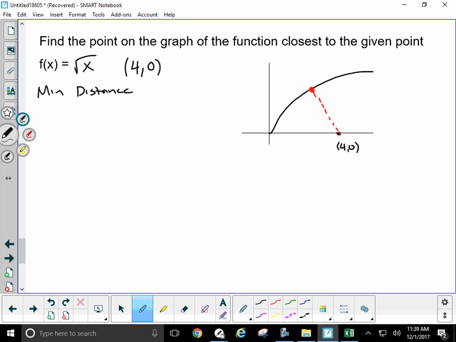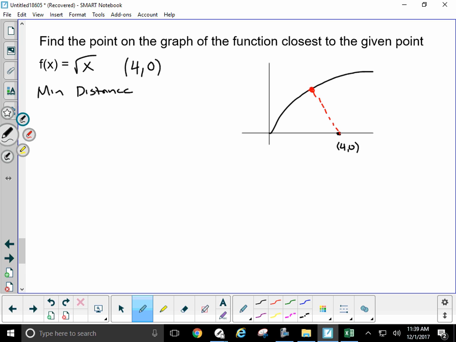But this distance isn't a vertical distance. This is a diagonal distance, potentially. So I can't use the whole top minus bottom in this situation. We're talking about a specific point, and for any single point, we have this diagonal distance. How do I find an expression for the distance between these two points, this and this?